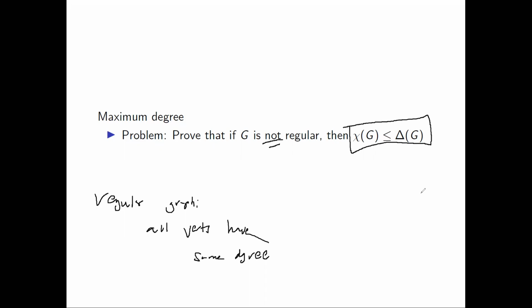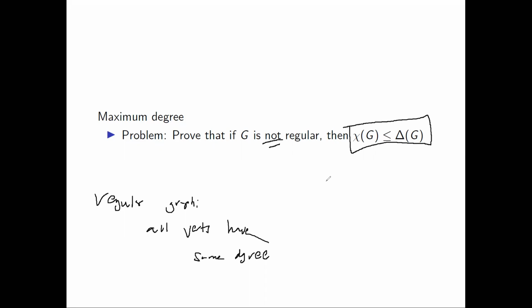And you can use a similar method to prove this to what we did with the last one. You can assign colors to the vertices in some order, but you might want to order the vertices in a less arbitrary way.